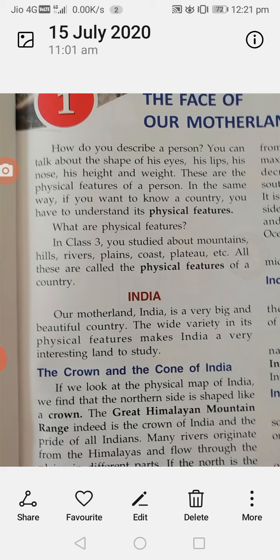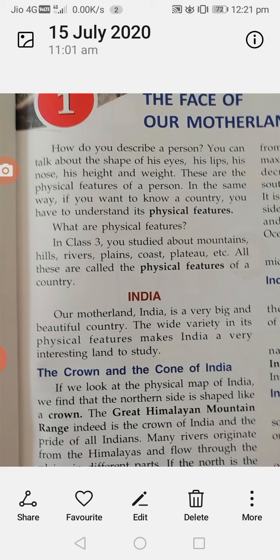If the north is the beginning of India, the south is the tip of the nation. That means from north to the south. It is clear from the map that the southern part of India is shaped like a cone.